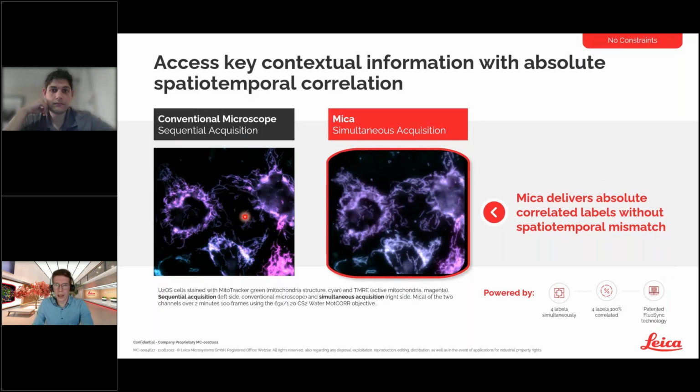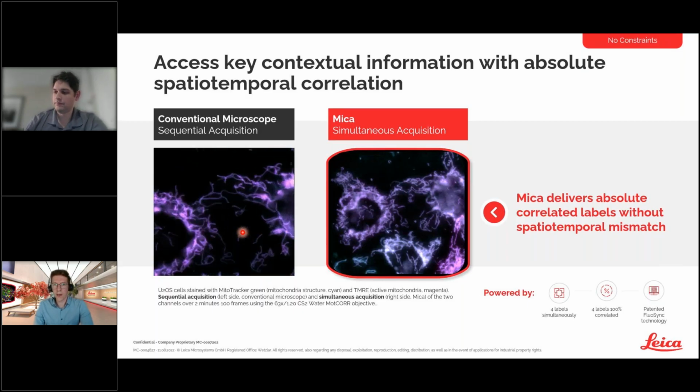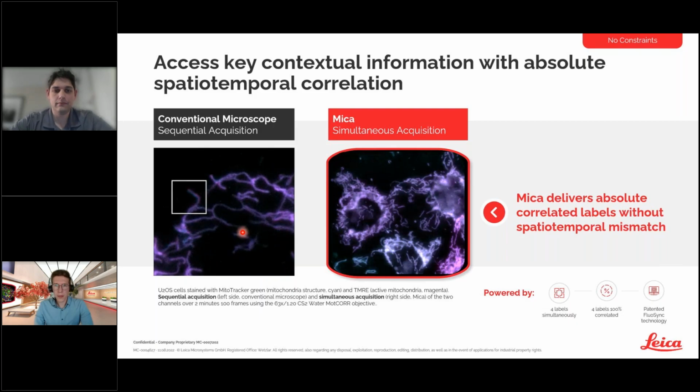MICA is on one hand a wide field microscope. And normally on a wide field microscope, if you want to work with multiple colors, that involves switching to different filter sets. That first of all slows down your acquisition speed. And it also means that if you have moving samples, you will never have 100% correlated data, because there's always this moving time in between, and you will always have a shift between your different channels.